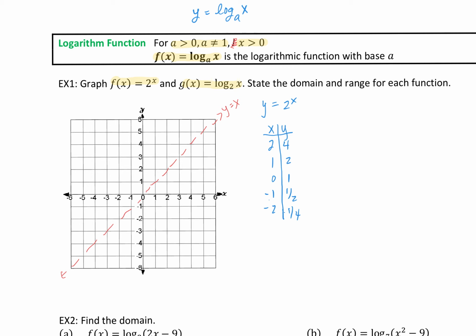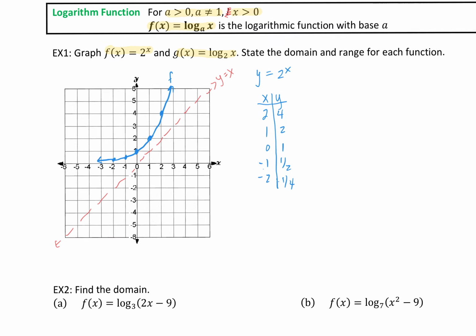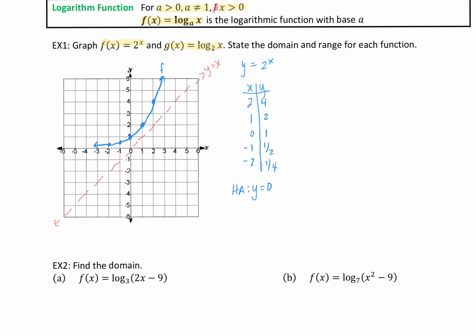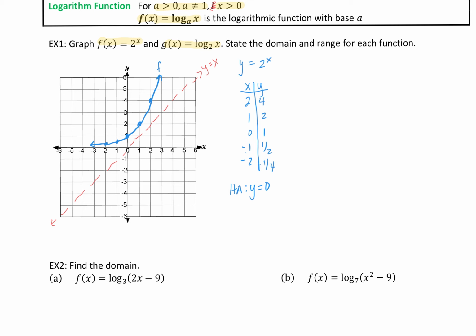We'll graph (2, 4), (1, 2), (0, 1), (negative 1, 1 half), (negative 2, 1 fourth). And this would be our function f. Something to notice is f has a horizontal asymptote of y equal to 0. So you can see that it approaches y equal to 0.